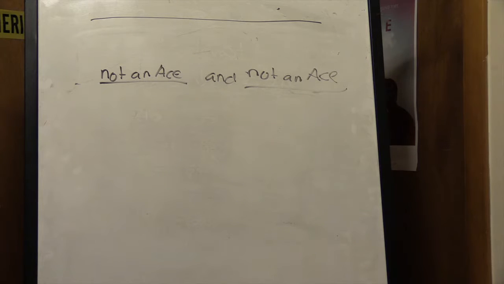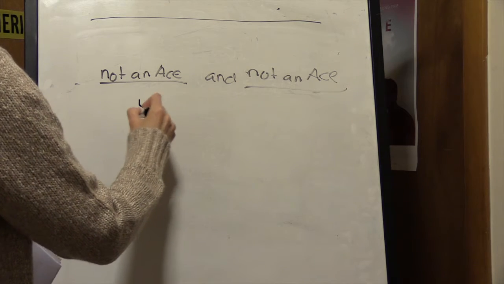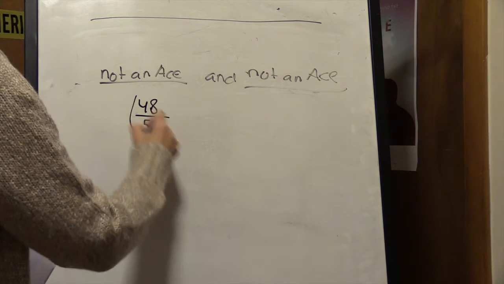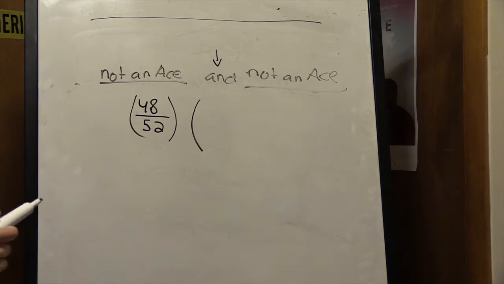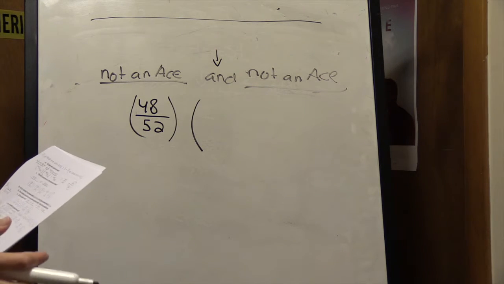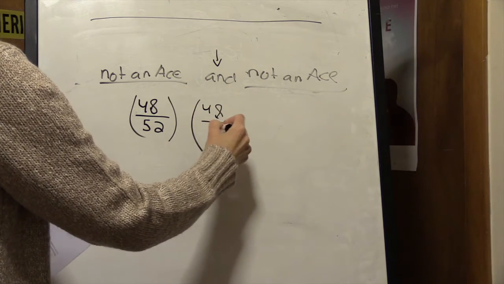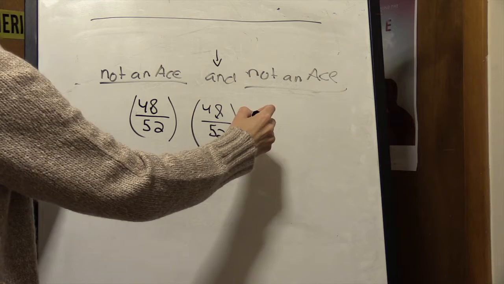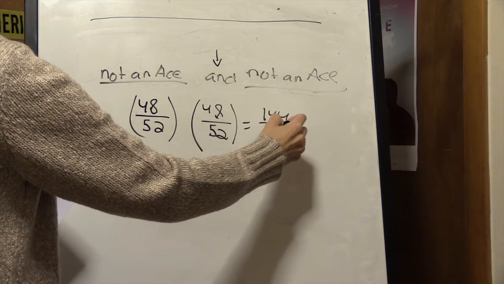So the probability that the first card is not an ace, there are 4 aces in the deck, so the probability it's not an ace is 48 out of 52. It's an and, so we're multiplying. And then obviously the probability doesn't change. It's still 48 out of 52 that it is not an ace. And that is equal to 144 out of 169.